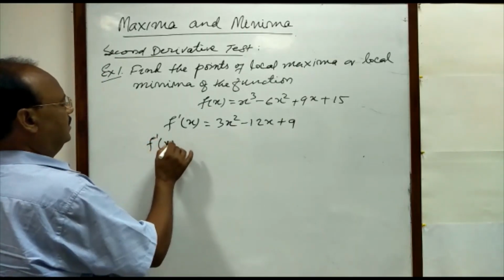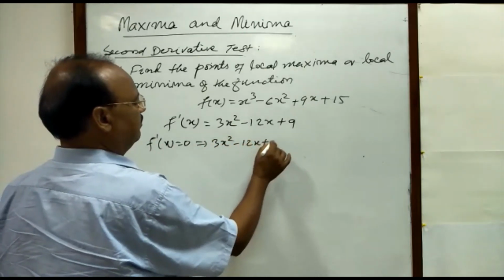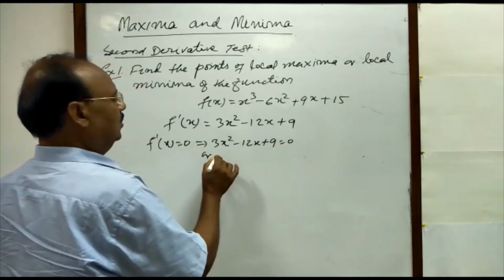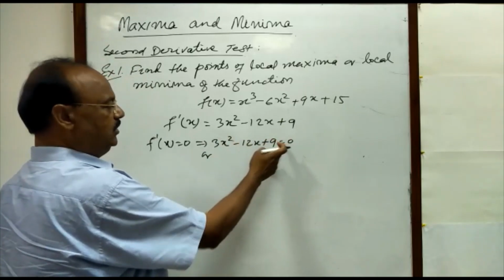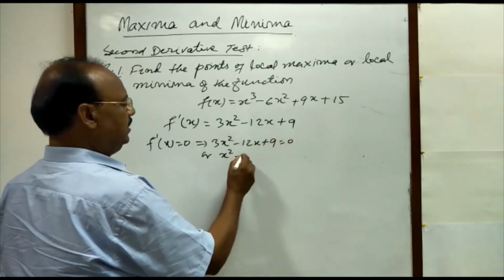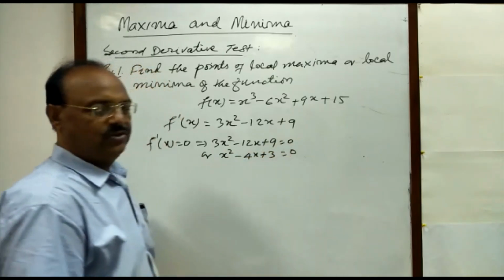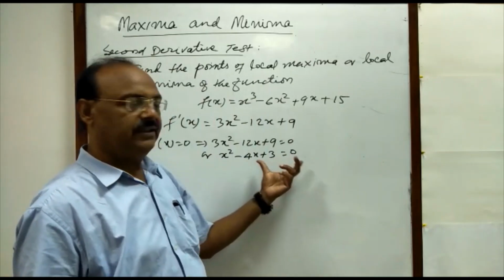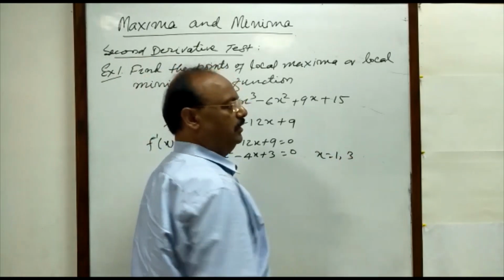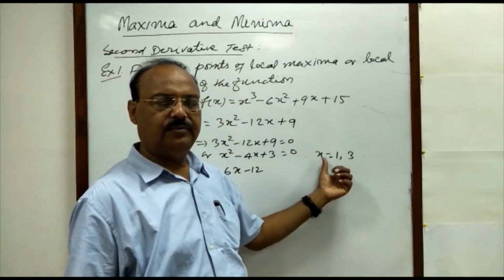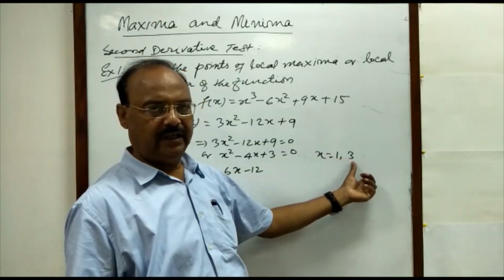So f dash x is equal to 0 gives us 3x square minus 12x plus 9 is equal to 0, or taking 3 common, that will be removed here due to this 0 in right hand side, or x square minus 4x plus 3 is equal to 0. After solving this equation, you will get x is equal to 1 and 3. Here x is equal to 1 and 3 are the candidates for local maxima and local minima.